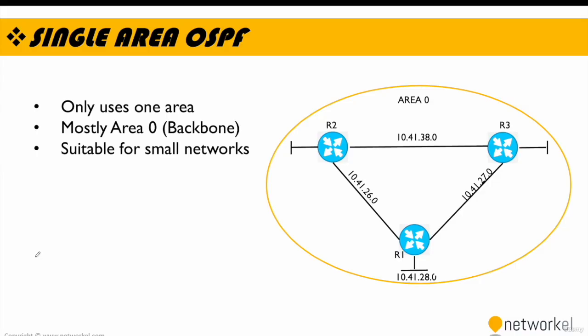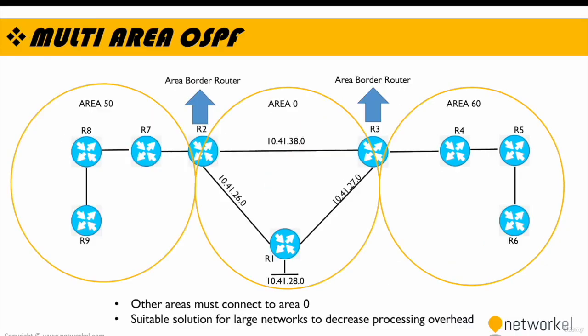This kind of design is suitable for small-sized networks mostly. The second OSPF design option is multi-area OSPF. In this design, we have more than one area, and other areas must connect to area 0. This design is a suitable solution for large networks to decrease the processing overhead.